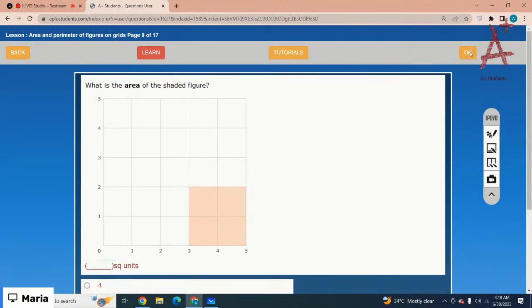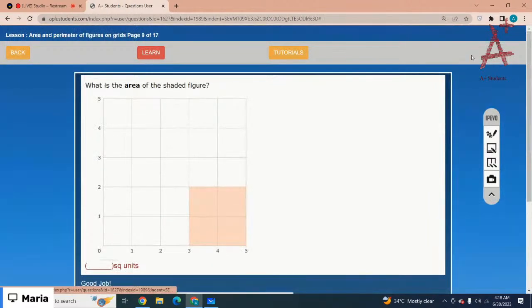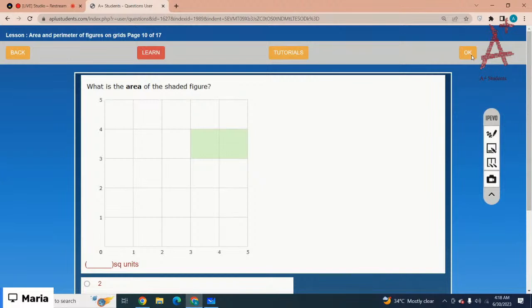What is the area of the shaded region? So, which is the correct option? You have to count the shaded squares, 1, 2, 3, 4. So, the area of this shape is 4. What is the area of the shaded region?